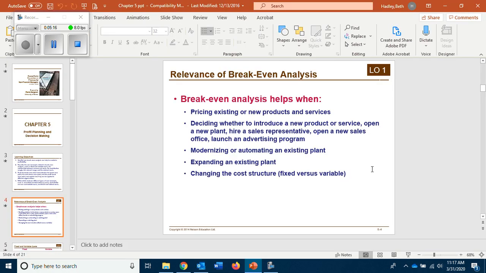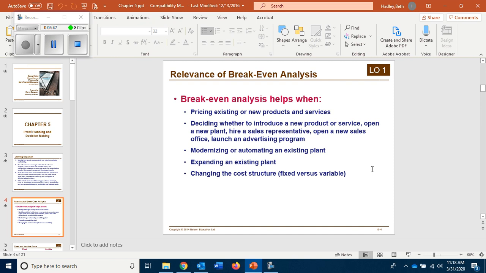A break-even analysis in your decision making is always very important, whether you're looking at changing the pricing of existing or new products or services. If you're going to change the price, if you think maybe, well, if I price it lower, more people would buy, or if I price it higher, I wonder how much profit I'd make. Okay, so break even is always very important there.